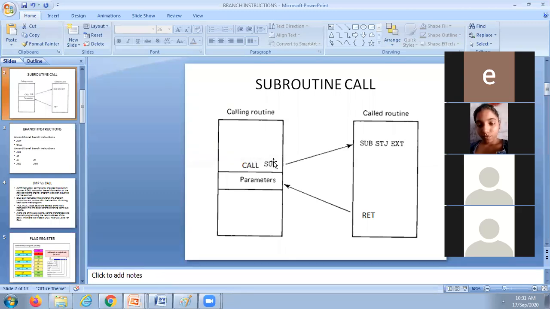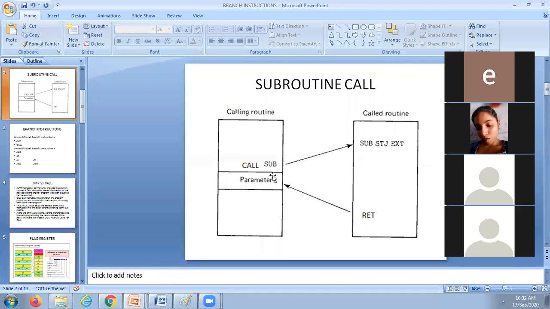The same status which is on the stack, whatever you have pushed, is to be retrieved back by using the pop operation.